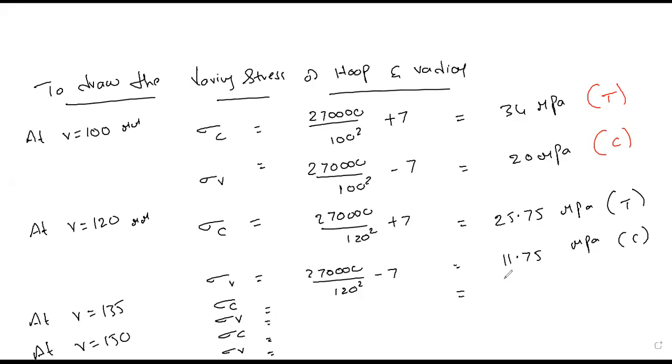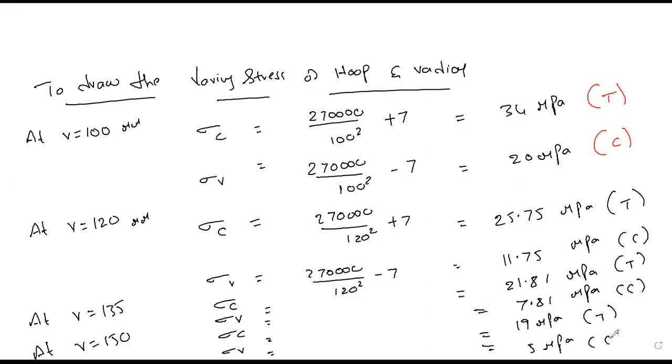Your circumferential stress will be 21.81 megapascal and this will be 7.81 megapascal. And at 150 mm, your circumferential stress will be 19 megapascal and your radial stress will be 5 megapascal. So this is under tension, this is under compression, this is under tension, and this is under compression. With all these values, you can draw the stress diagram very easily.